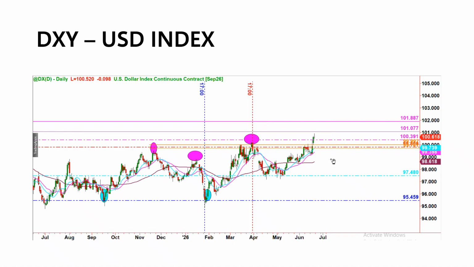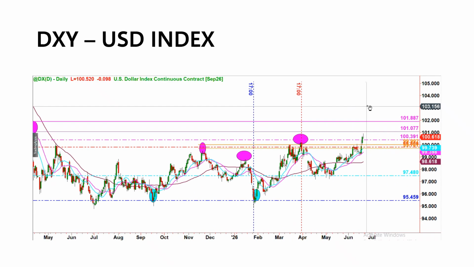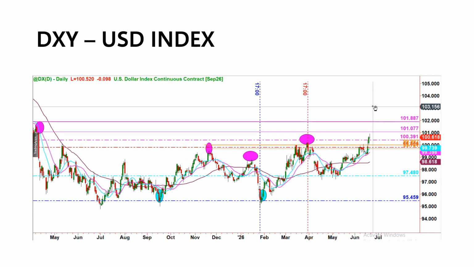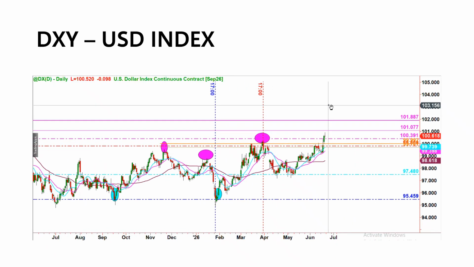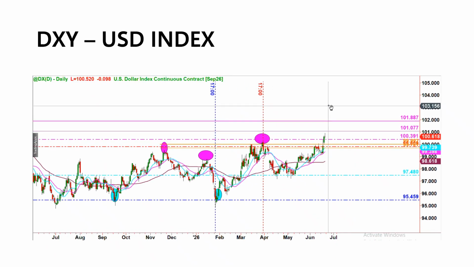We've now got a supply between 101.077 and 101.88 in play as of now, and we need to wait and see if the current strength in Dixie can take out this supply as well.